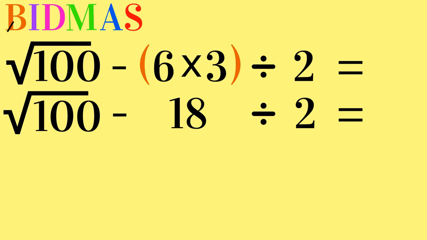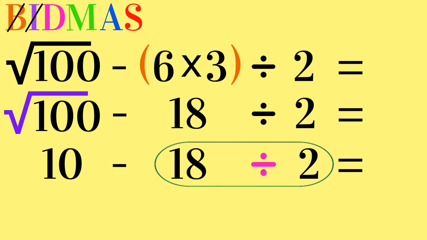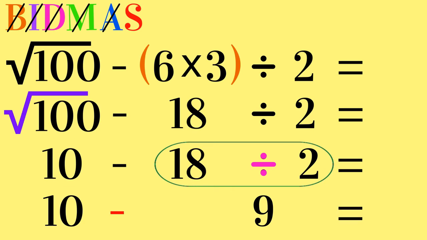Next up, we have indices, which includes square roots. The square root of 100 is 10, so now we have 10 subtract 18 divided by 2. Division is next, so we take 18 divided by 2, which is 9. Now we have 10 subtract 9, which gives us the answer of 1.